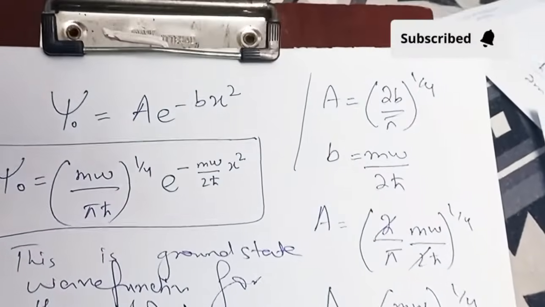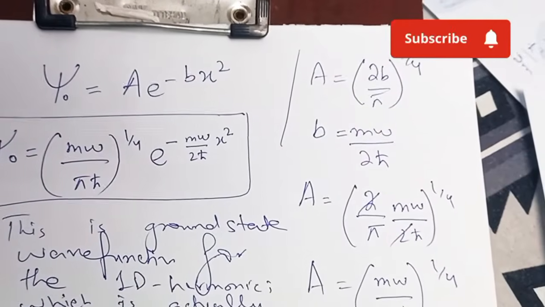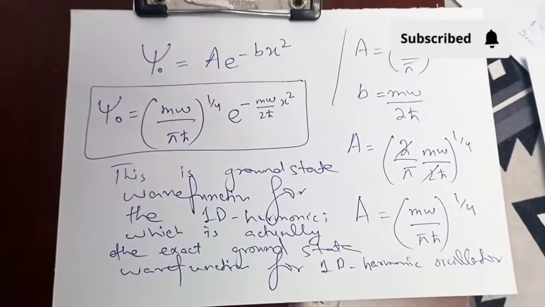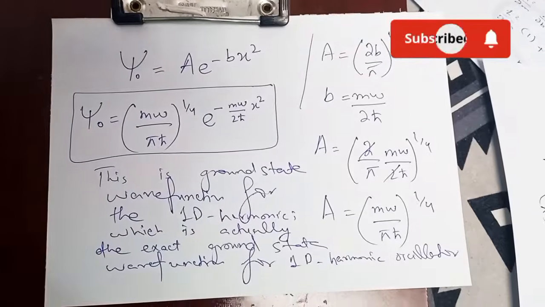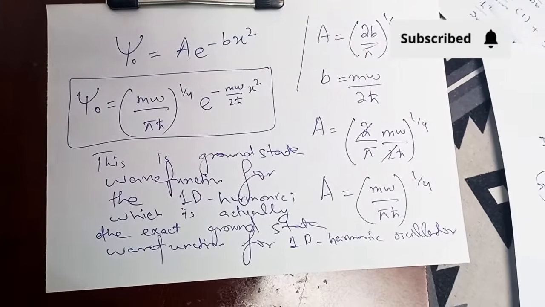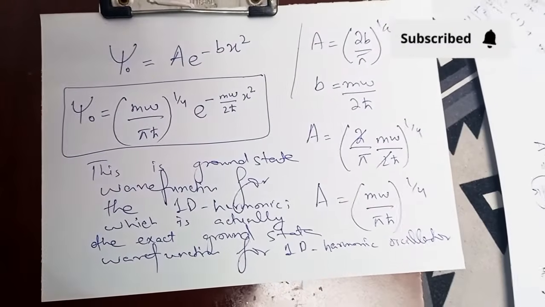Alright, so that is it for the ground state. Now let's do it for the first excited state. What I'm planning now is to upload a separate video for each of the energy calculations.